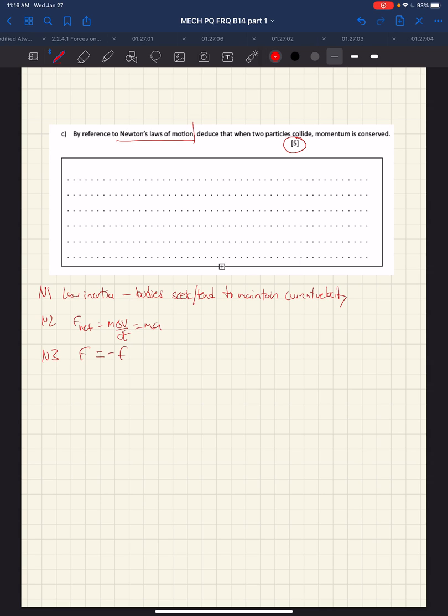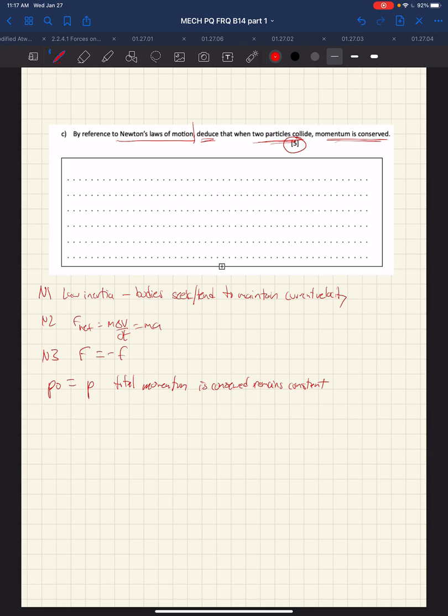All right, referencing those laws, deduce that when two particles collide, the momentum is conserved. Momentum conservation is P0 equals P. The total momentum is conserved or remains constant. All right, so Newton's laws of motion, two particles collide.